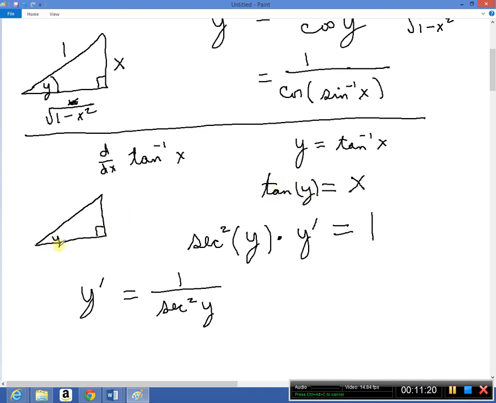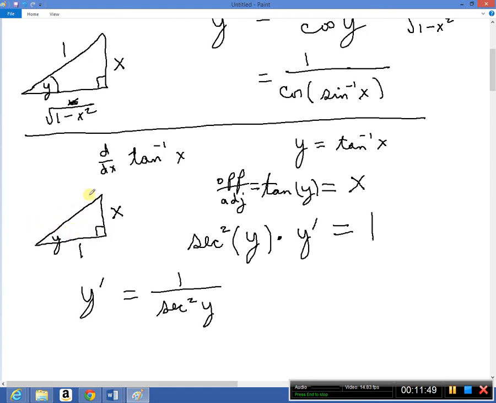So I'll put y down here, and I want to make the tangent of y equal to x. Well, you have to remember what the tangent is in triangle trigonometry. The tangent is the opposite over the adjacent. So here we go, opposite over adjacent. I got to make that equal to x. Again, that's not too hard. The easiest way to do that is to put x here and 1 there. Opposite over adjacent is tangent. Opposite over adjacent will be x on this picture.